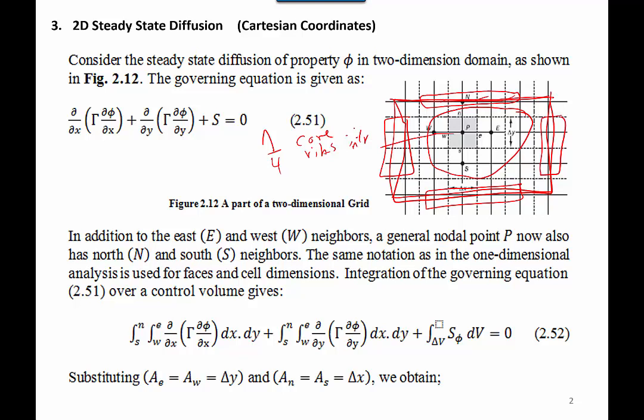And the only thing left is the corners. So this is corner number 1, this is corner number 2, this is corner number 3, and this is corner number 4. Therefore, 4 corners. So by summation of these zones, it will be 9 zones.